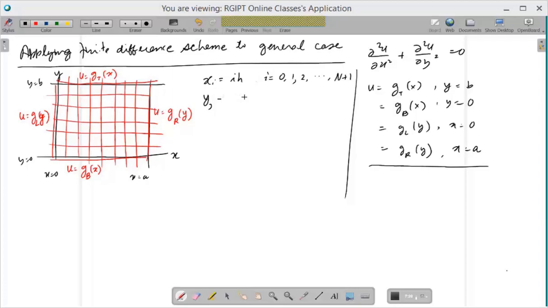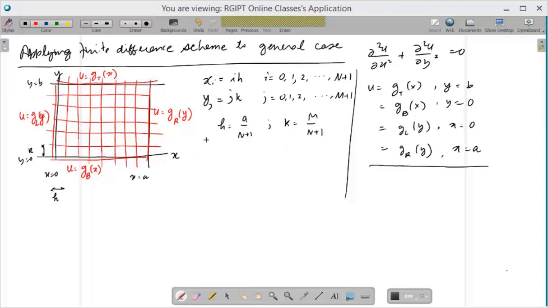The index j is reserved for the y coordinate, and i is reserved for the x coordinate. So y_j would be j times k. k is the step size in the y direction, and h is the step size in the x direction. And j goes from 0, 1, 2, up to m plus 1, so that h equals a over n plus 1, and k equals b over m plus 1. These are automatically implied.